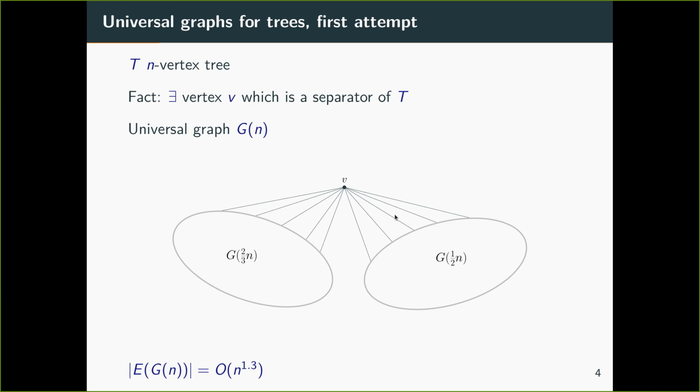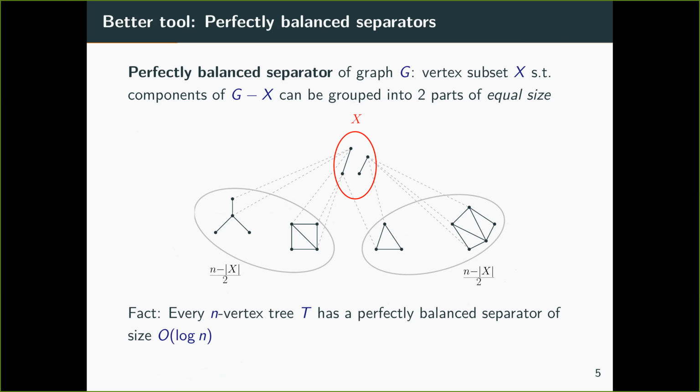That's the intuition. So the next thing to try naturally is to use better separators, separators that I call perfectly balanced, meaning that when you remove such a separator, a perfectly balanced separator, there is a way to group the components into two sides, each of which not only has size at most n/2, but even more stronger than that, both sides have exactly the same size, right?